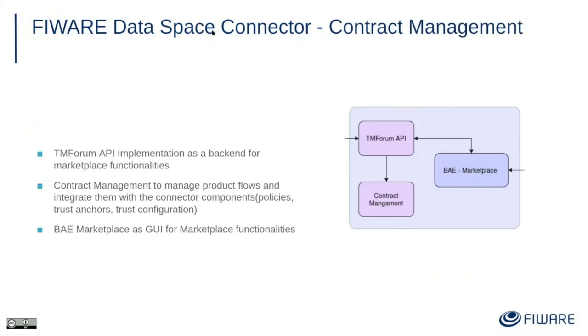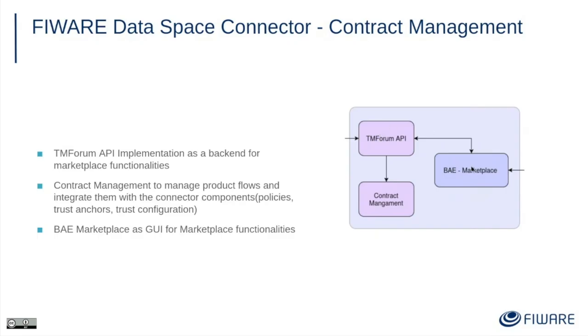In order to actually offer the services, we also will have a set of components that we call contract management. The contract management is the components that we're using for offering our marketplace functionalities, for defining product specifications, services, product offerings, and so on. As mentioned, our API for that is the TMForum APIs, which is an implementation of those APIs that our marketplace uses essentially as a backend.